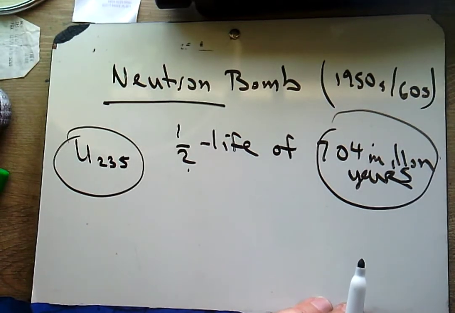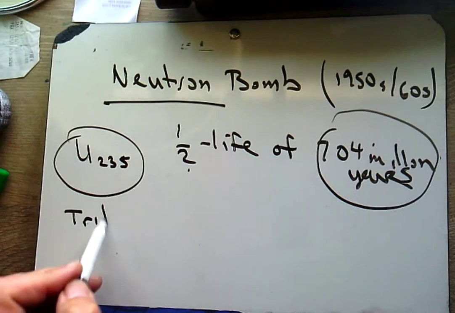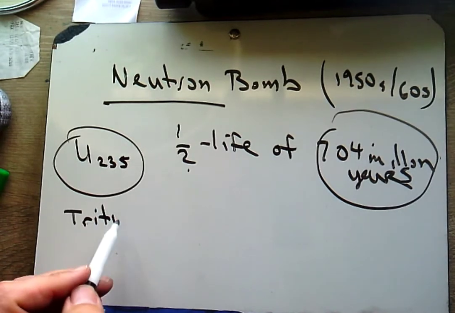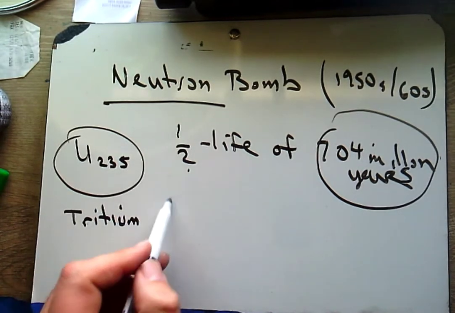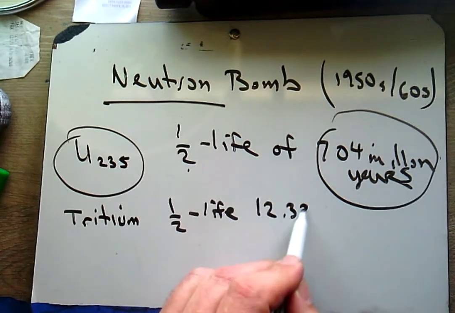So instead, the neutron bomb was developed, and its tritium has a half-life of 12.32 years.